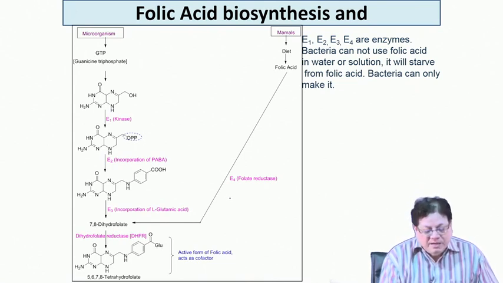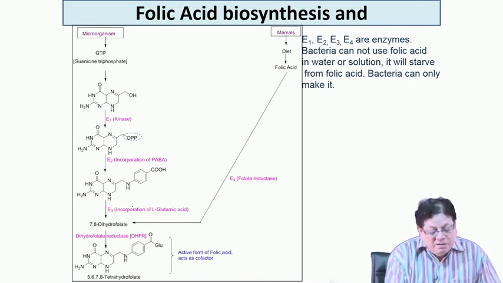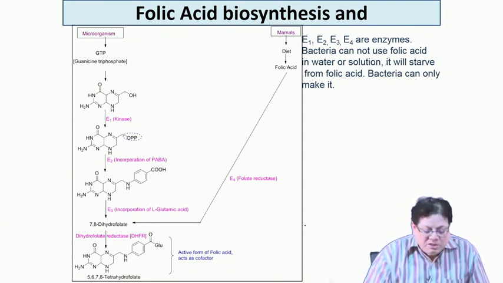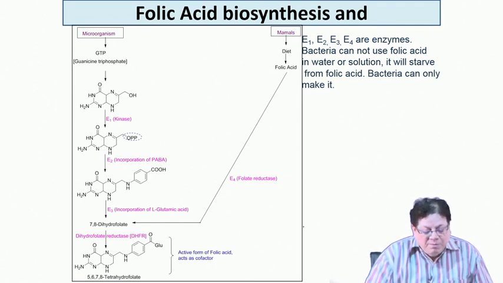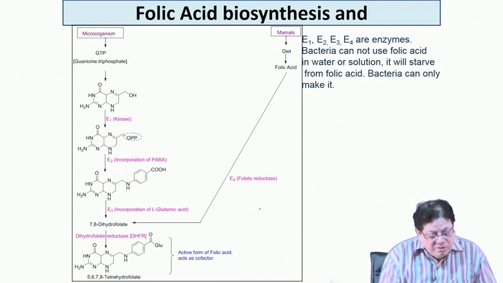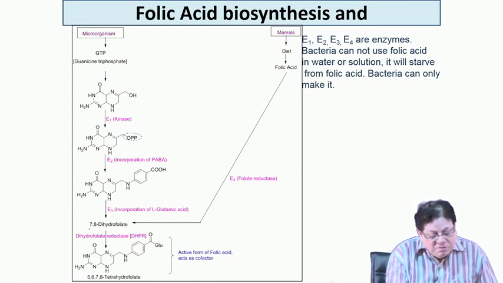So, the amine acts as the nucleophile, and the next step is that glutamic acid forms the amide bond with the carboxylic functionality of para-amino benzoic acid, which is now hooked up to a dihydropteridine nucleus, and that gives rise to 7,8-dihydrofolate.